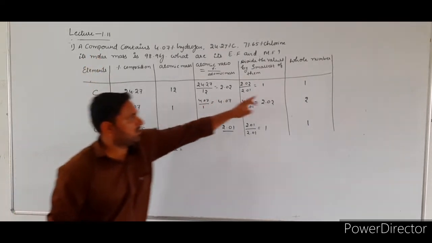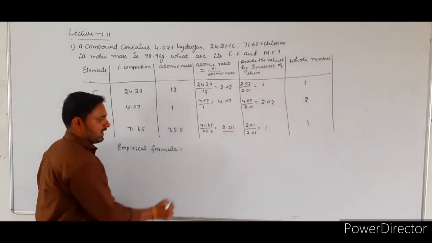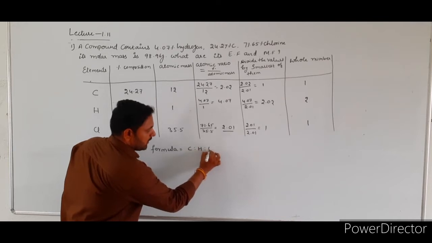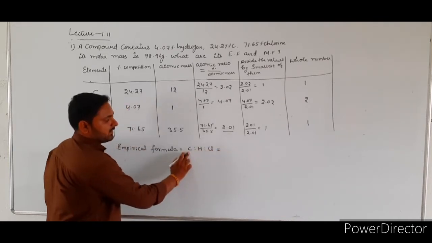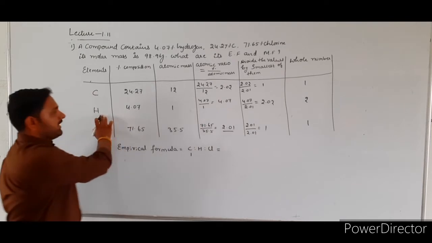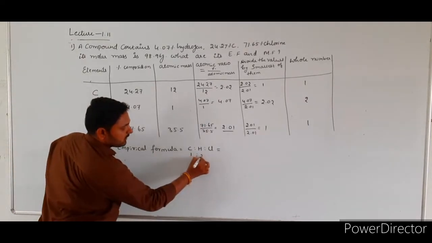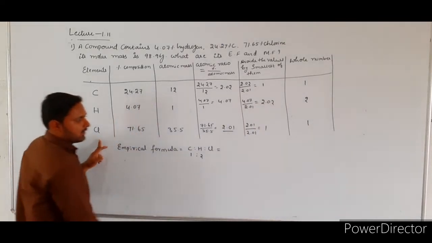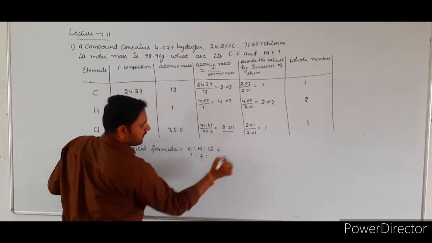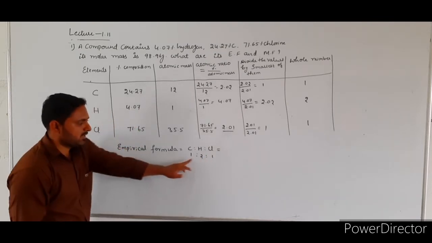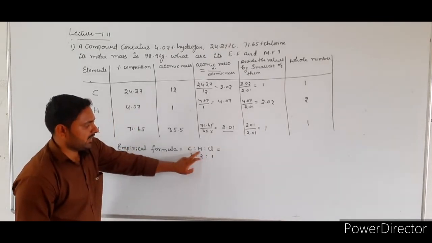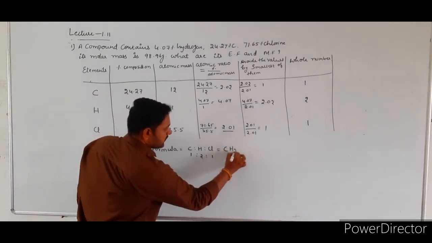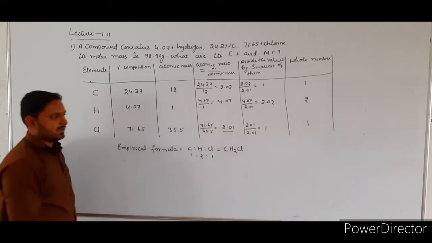What is the whole number of carbon? 1. Next, what is hydrogen? 2. Here we have to write whole numbers. Next, chlorine. How many chlorine atoms are there? 1. This is the simplest ratio of carbon, hydrogen, chlorine. Now write the empirical formula: CH2Cl. This is the empirical formula.